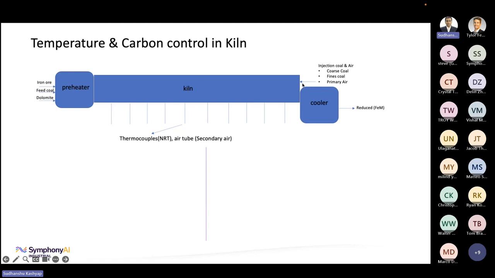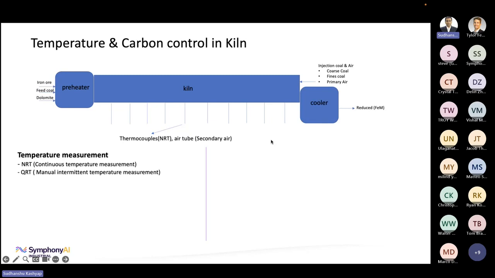Fines particles will fall near the injection point, but the coarse particles will travel further into the kiln. So we have a better distribution of coal particles inside the kiln, and that will provide us a better reduction as material flows through from the feed end to the exit end.